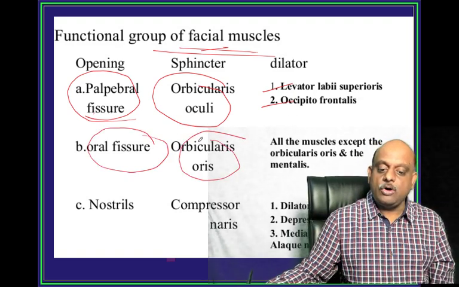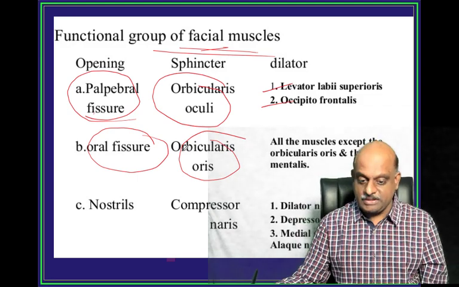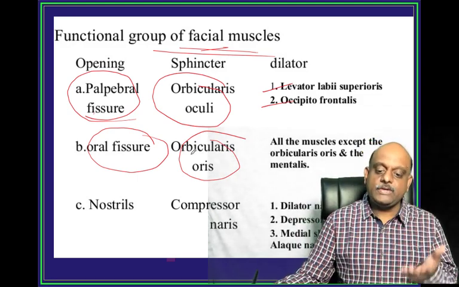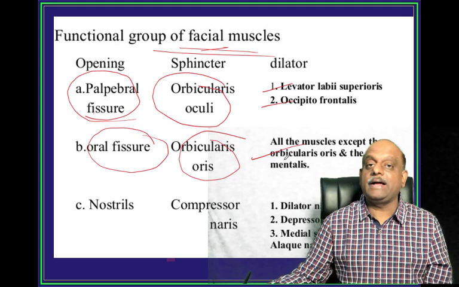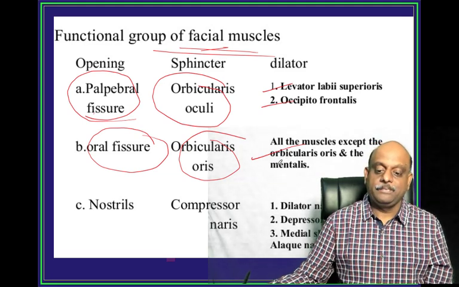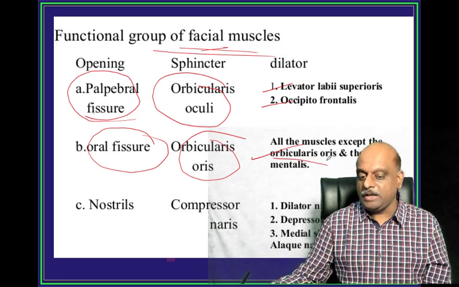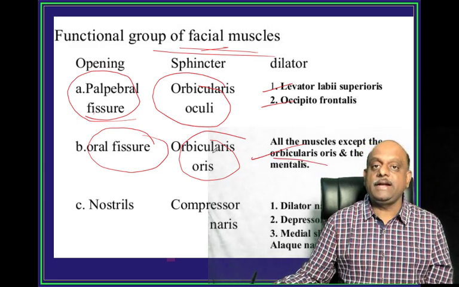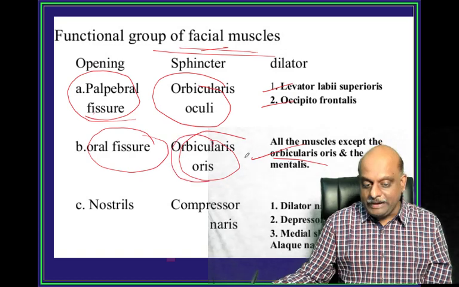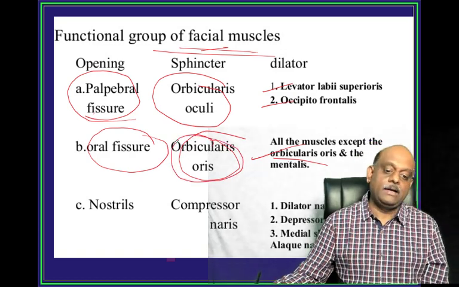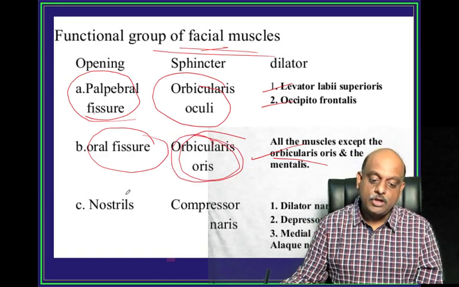Oral fissure, it is the orbicularis oris; except mentalis, all the other muscles are the dilators, is what you need to remember. Oral fissure sphincter is the orbicularis oris.